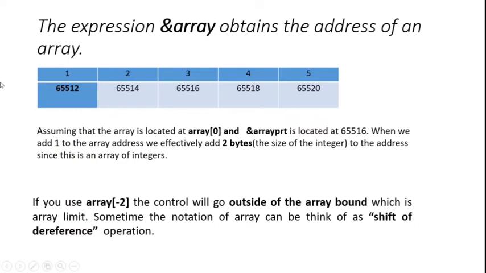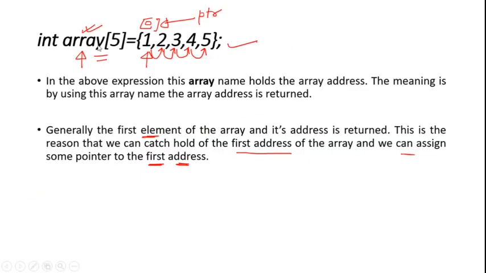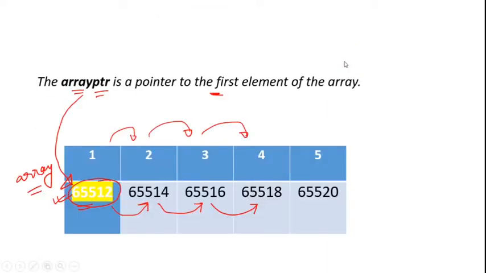The expression ampersand array obtains the address of an array. We saw in an earlier lecture that whenever we write ampersand I, for any integer I, it gives the address of I. Similarly, whenever we write ampersand array, where this array has 5 elements, it will return the base address of the array.